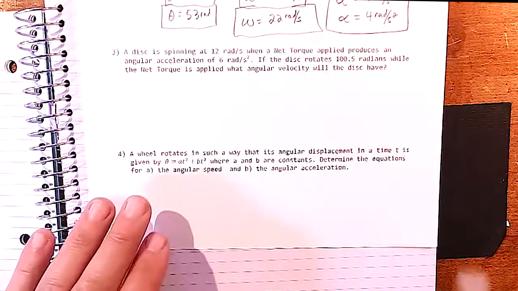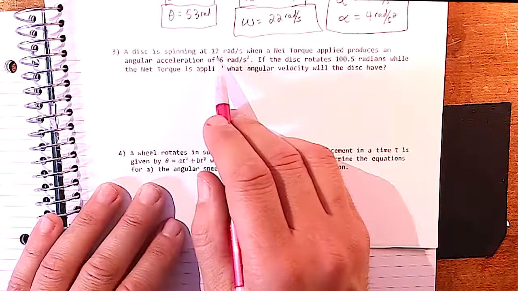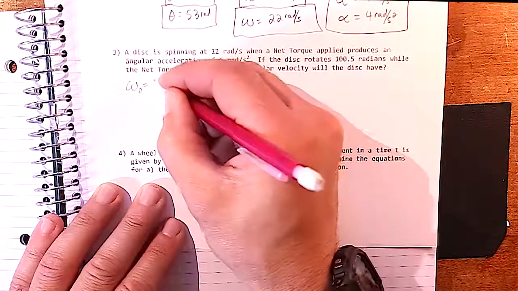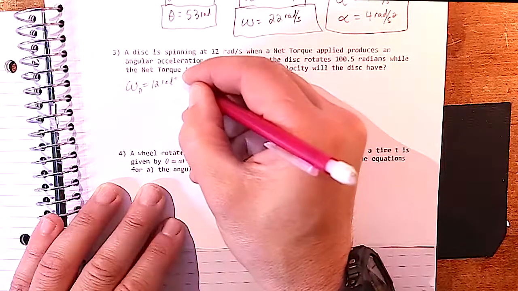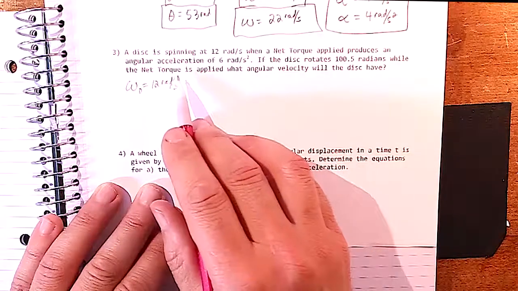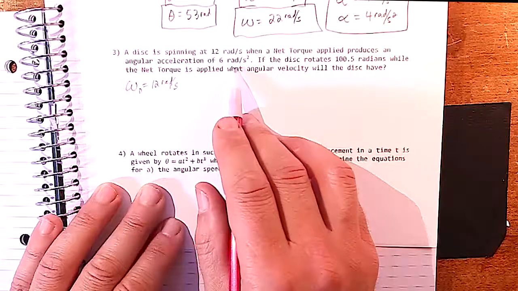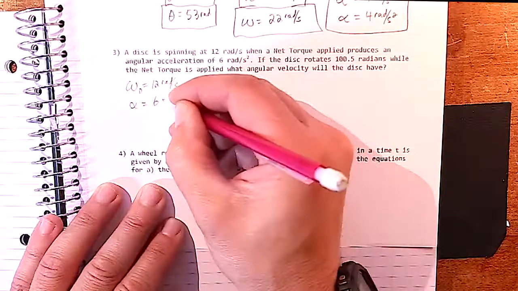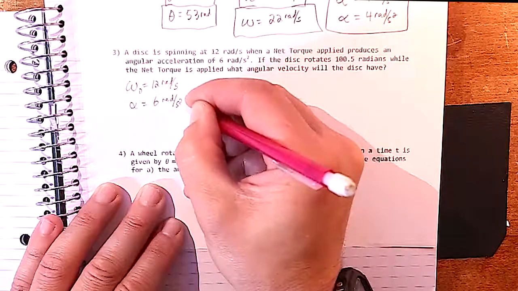So in this problem, we have a disk that's spinning at 12 radians per second. So that's our initial angular velocity, 12 radians per second. And then it says we have this net torque, and it accelerates it at 6 radians per second squared. So our alpha is 6 radians per second squared.